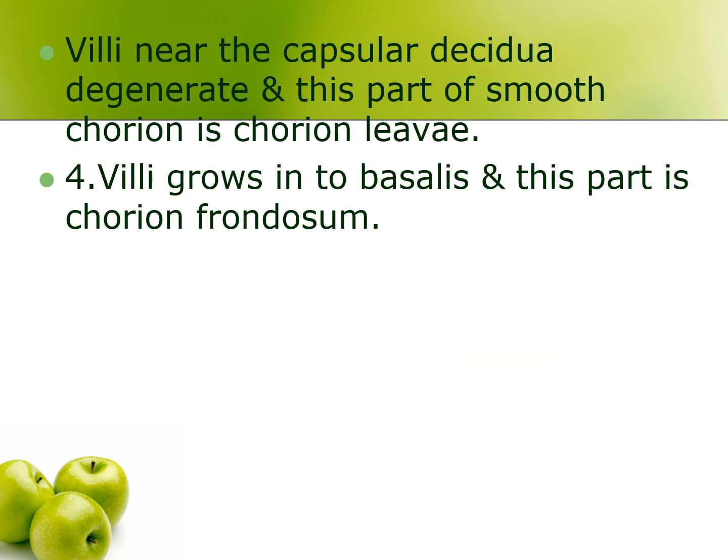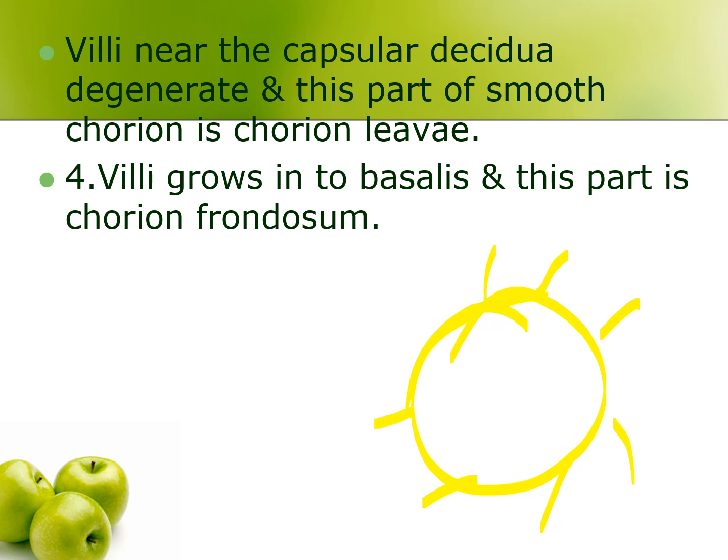Villi near the capsular decidua will degenerate, and this part is known as the chorion laeve. See, assume that the differentiated structures I have just drawn as a single layer, and certain villi-like projections will develop all over. This is the trophoblast, and these are the villi-like projections.